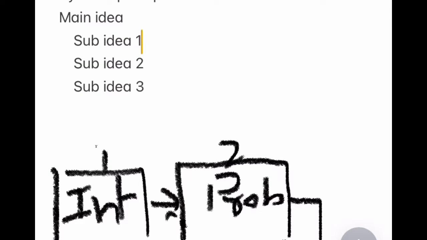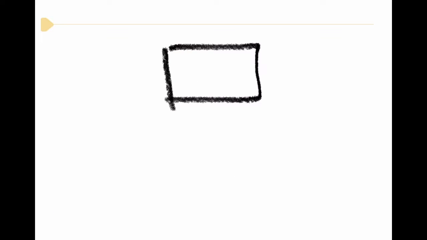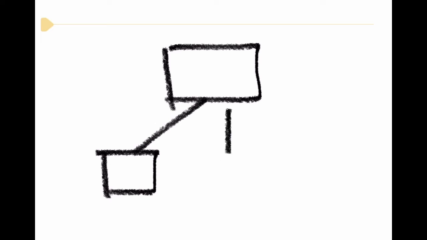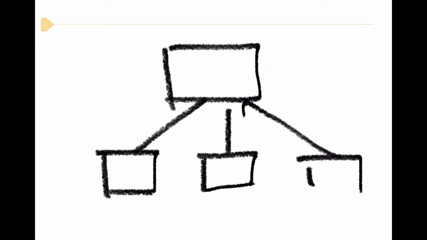If I draw it for simplicity, I'll just show you here. So you have the pyramid principle. You have a main idea, then you have another idea which is a sub idea, this is another idea, and this is another idea.